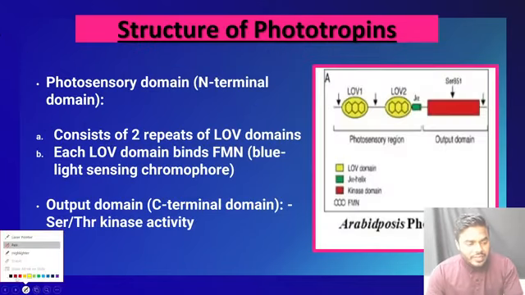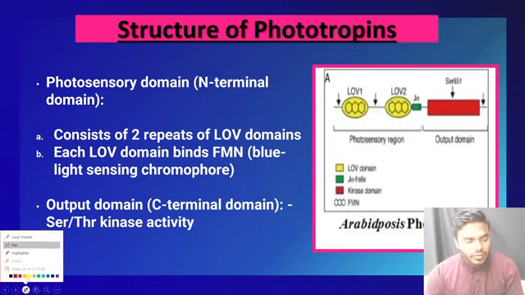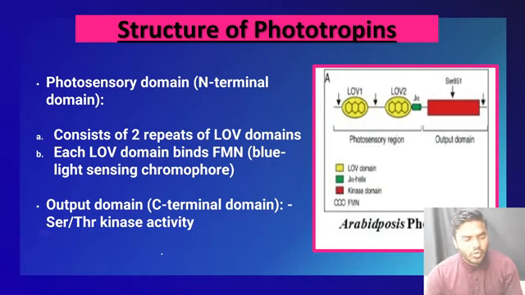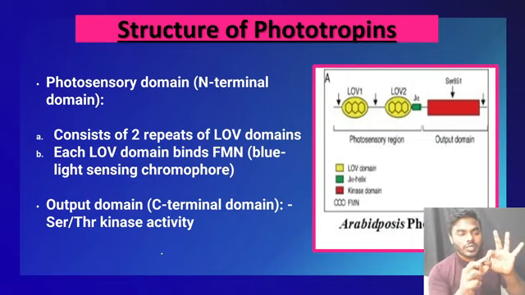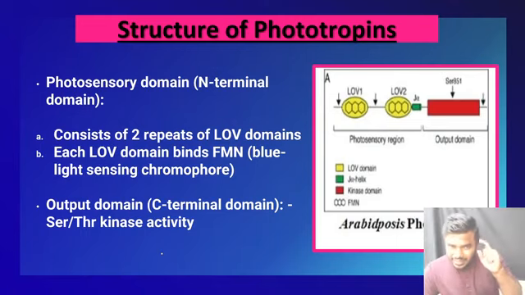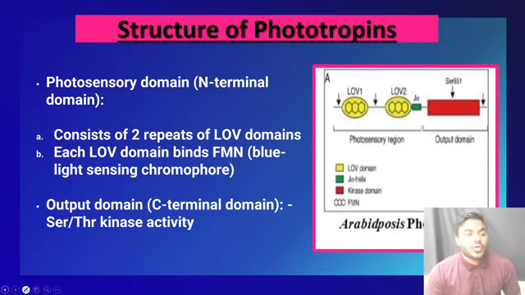Now, friends, once again remember my statement. While we studied the phytochrome and cryptochrome, what are the two common statements we all remember? Both phytochrome and cryptochrome contain the same: a chromophore and an apoprotein. There is no change. But there is a little change in the structure of the phototropin.